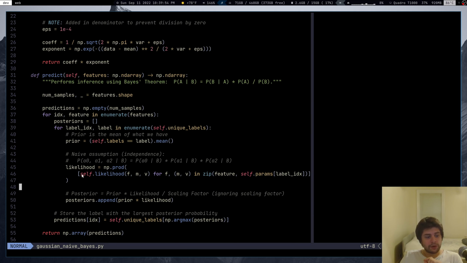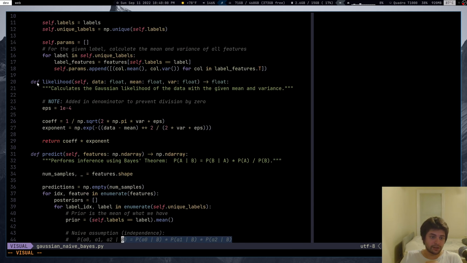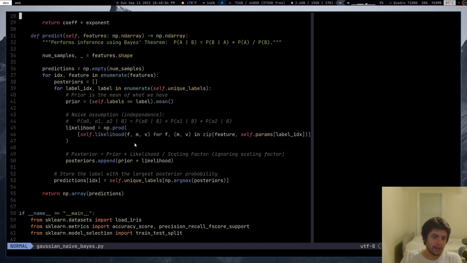So the likelihood itself is the product of these likelihoods that are computed using the Gaussian likelihood function defined here. We pass data, mean, variance, and it gives us a number between 0 and 1. And what we do is that we multiply these numbers. We have a bunch of numbers between 0 and 1. We multiply them, and we can potentially run into a numerical instability problem.